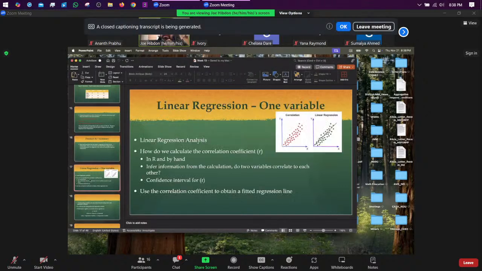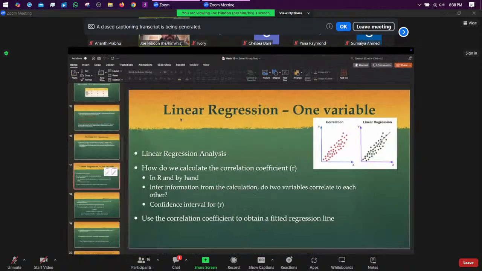All right. I want to do a little bit of introduction to linear regression, and then we'll talk about it more after Thanksgiving. So linear regression is one variable. What we want to say is, we plot a bunch of points for height and weight.